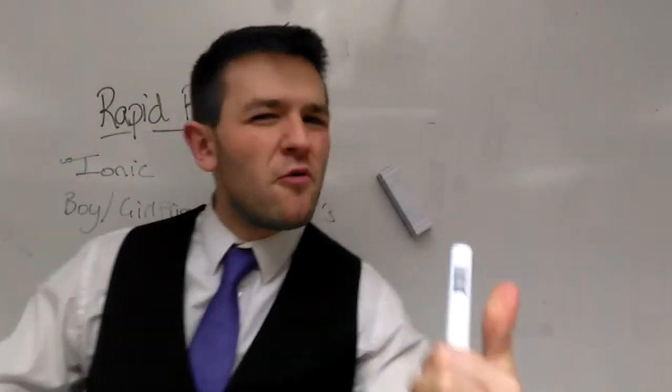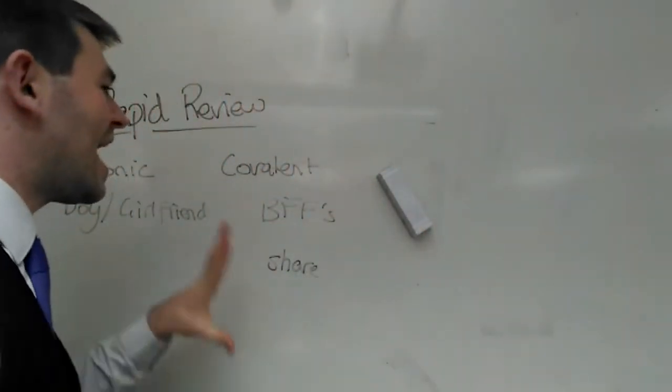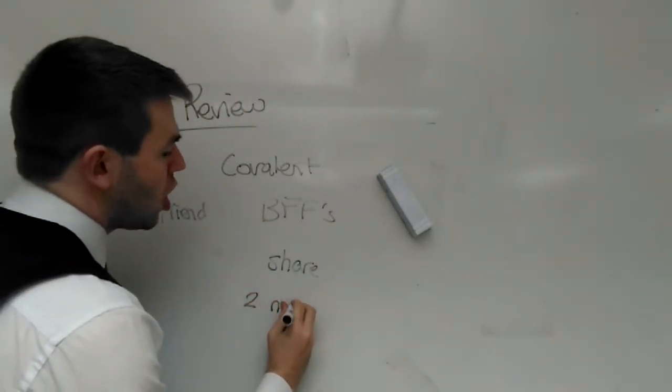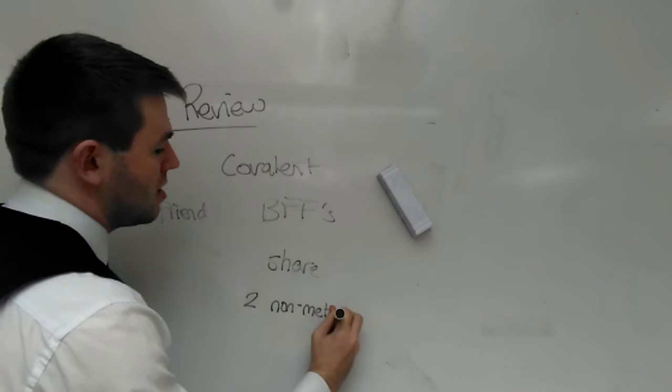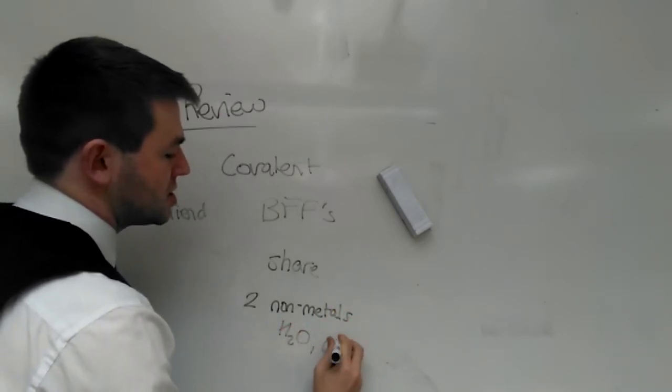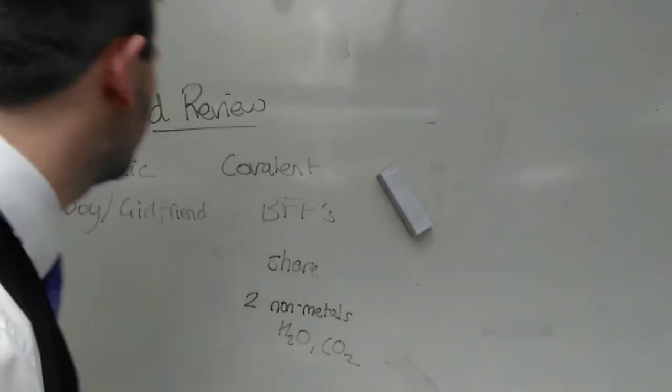They both want 1 or 2 extra electrons, so they share electrons, and they are very, very happy. This happens between 2 non-metals. For example, it can happen in H2O, it can happen in CO2.